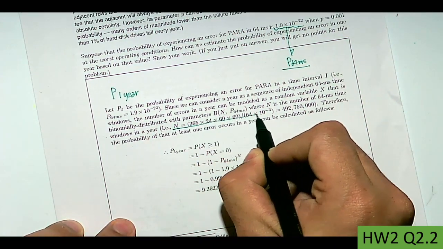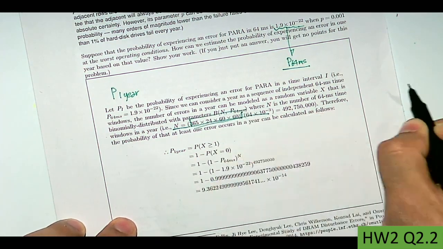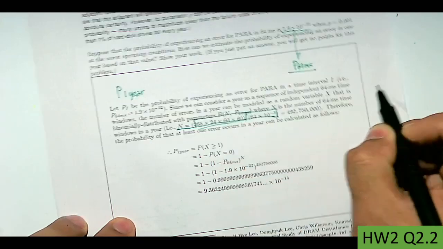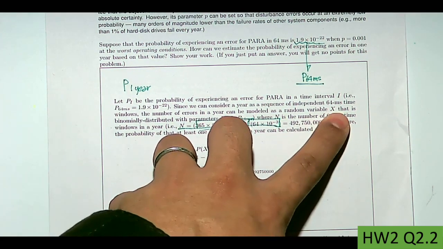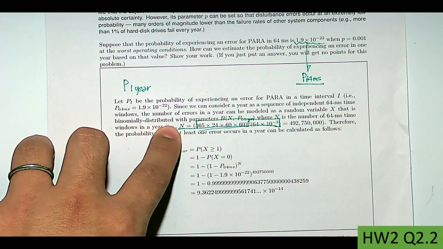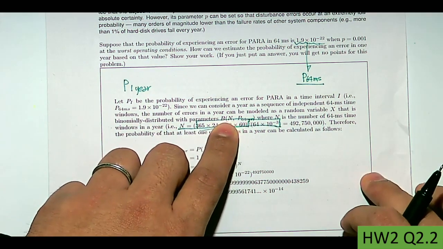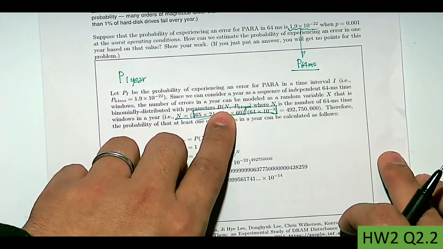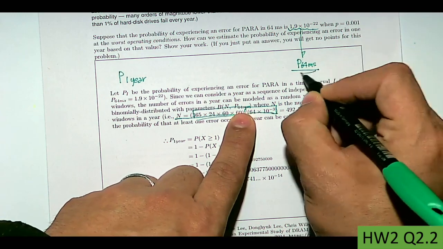Let's say this is m. The number of errors in a year can be modeled as a random variable which follows a binomial distribution, with the parameters n, the number of 64 millisecond time intervals, and the probability being this value.